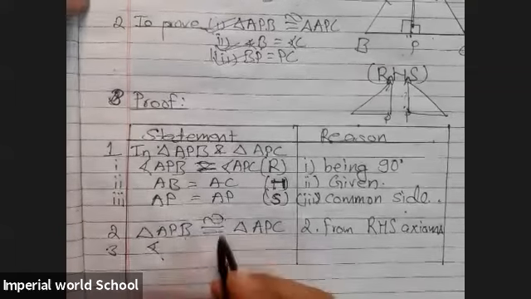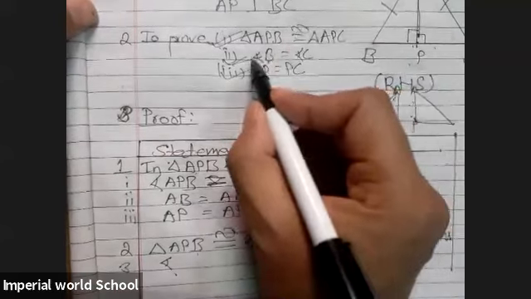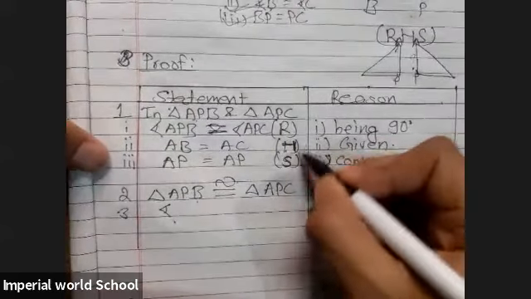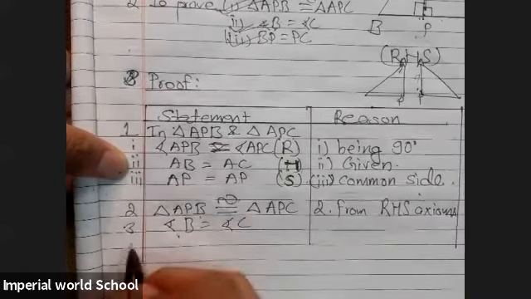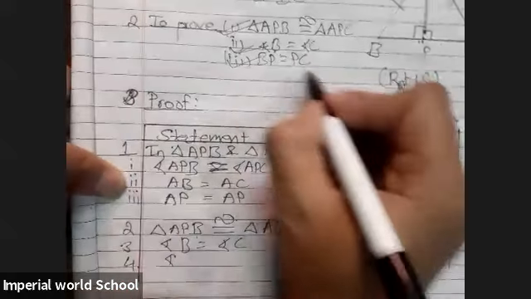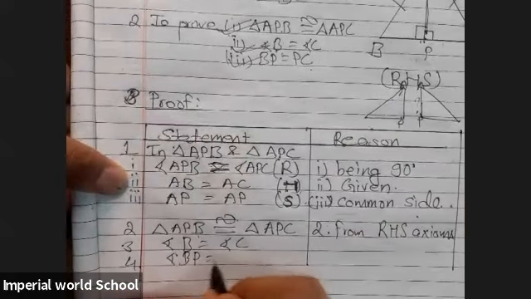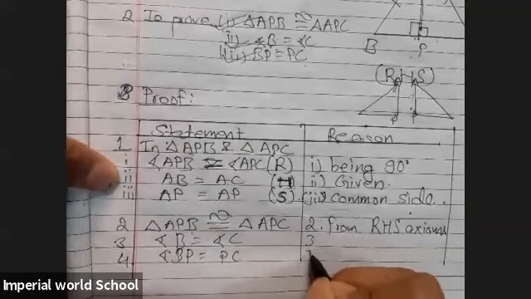After proving them congruent, we get permission to mention all these points after the main 3 steps. So now you can write angle B equals angle C, and number 4 is BP equals PC, and your reason will always be the same.